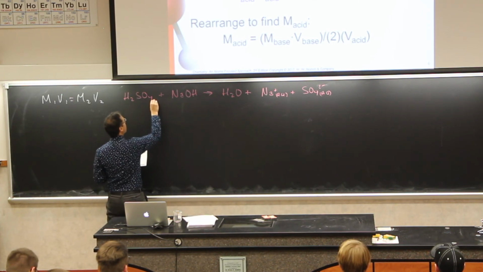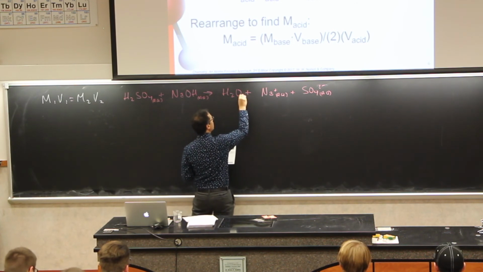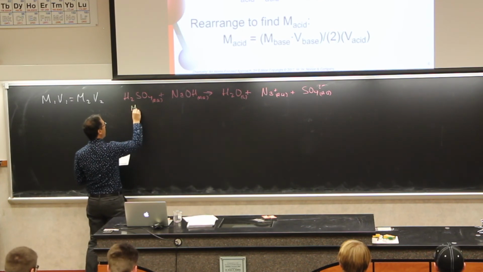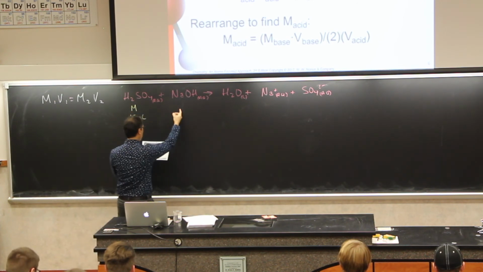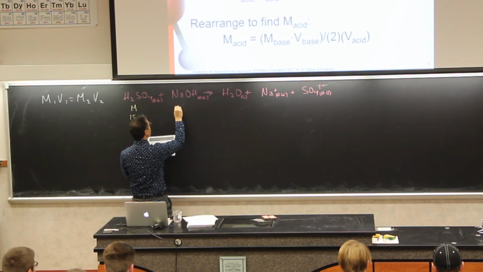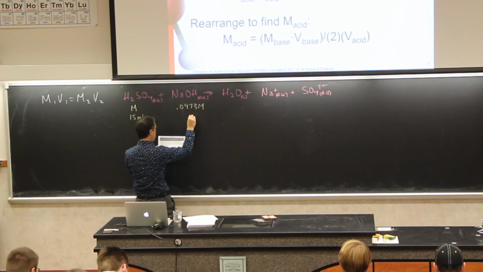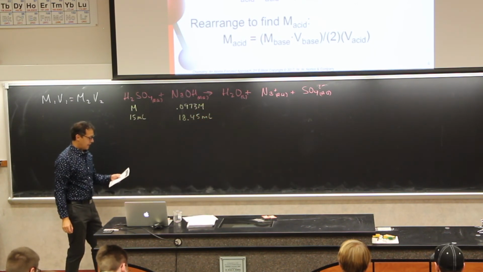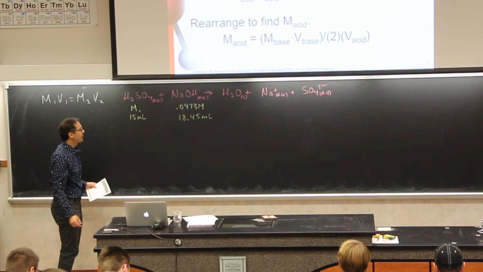I could say aqueous over here and aqueous over here, and I better not say aqueous here. And then I have some concentration of this that I don't know, but I have 15 milliliters. And my sodium hydroxide, I've got a concentration of 0.0973 molar, and I have 18.45 milliliters of that. And I'm trying to figure out what is the concentration of my sulfuric acid?